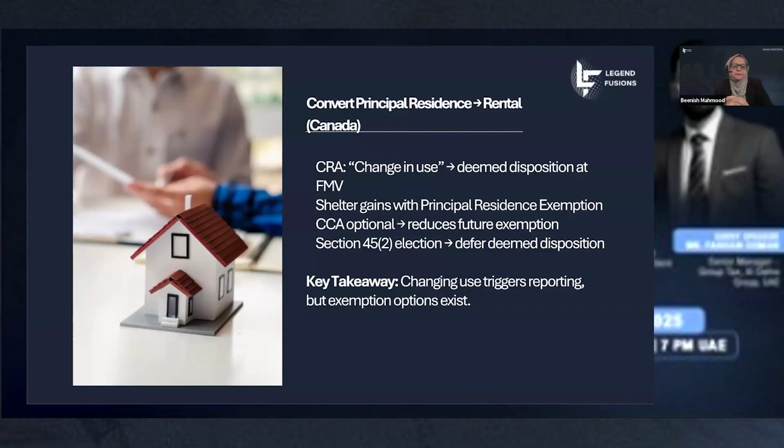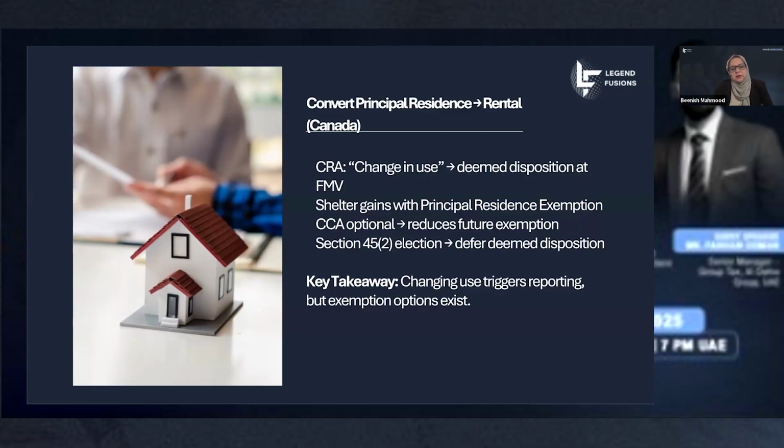There is a really good election under subsection 45(2) of the Income Tax Act that lets you defer reporting that deemed sale and continue treating the property as your principal residence for up to 4 years, even while you're renting it out. That's a really good relaxation, but the key condition is do not claim CCA.